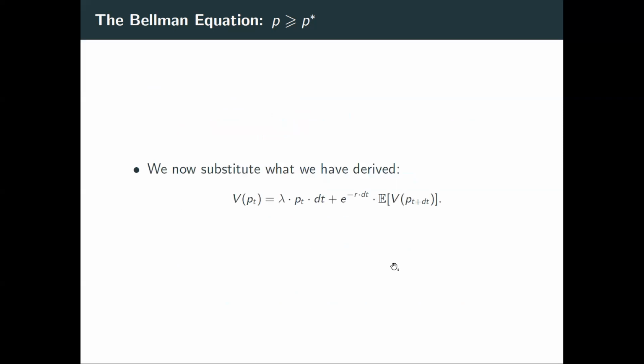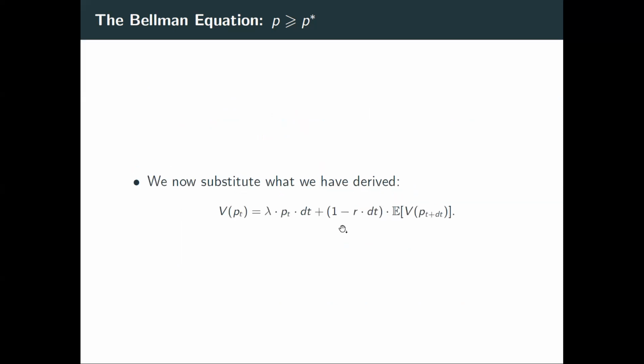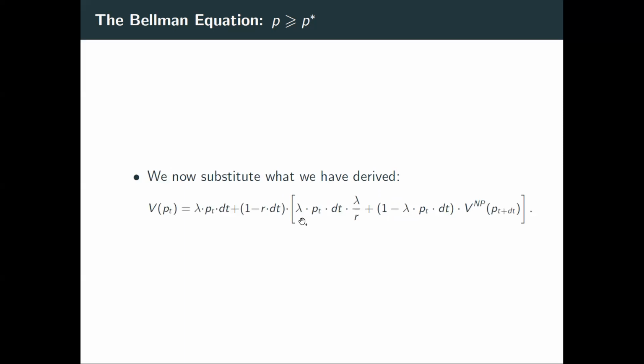So let us do this gradually instead. This is the original Bellman equation that we have. The first approximation that we make up to the first order, as always, is the discount rate, which is like that. This one stays the same. Next, we just substitute what we had before.